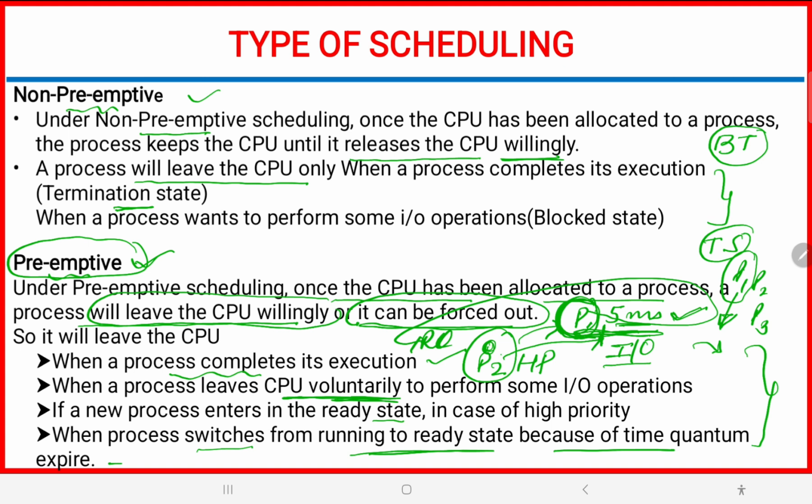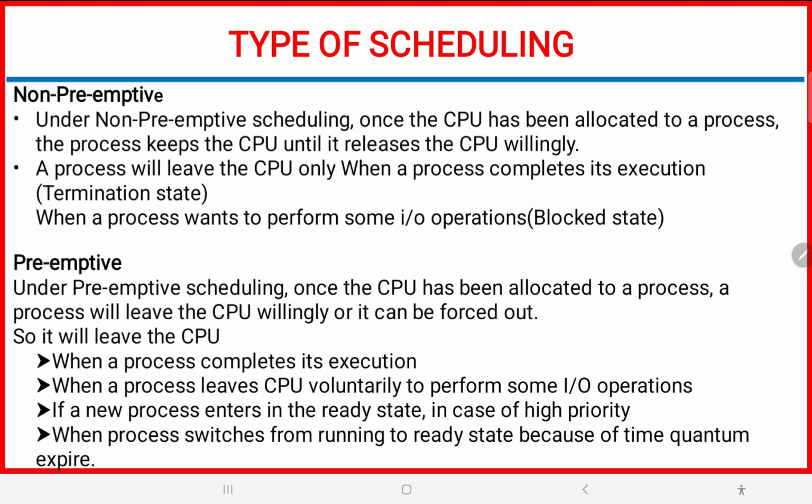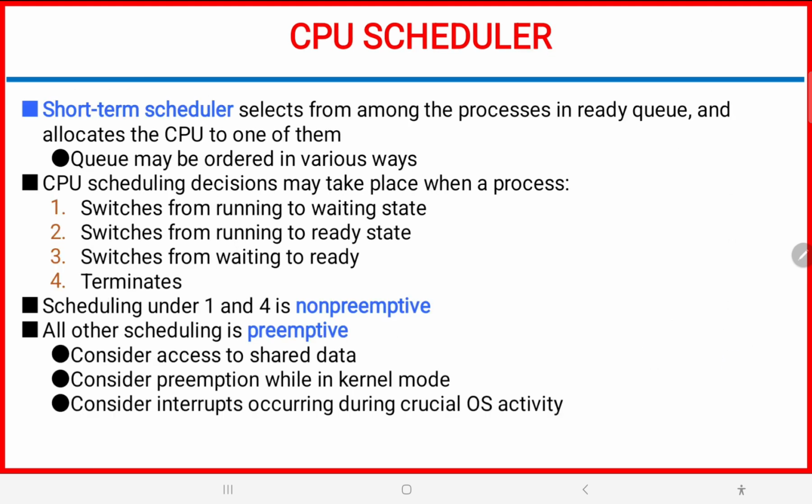Now let's discuss the CPU scheduler, that is, how the scheduling decisions are taken. We have read so far that it is the short-term scheduler which fetches one process from the ready queue, out of all the processes which are waiting in the ready queue, and the process which it selects is passed on to the CPU for execution.